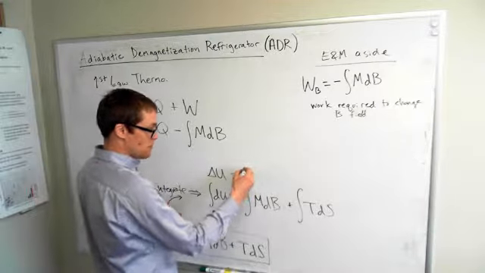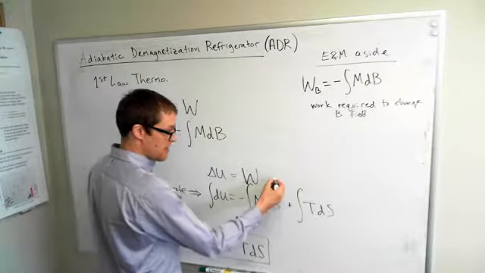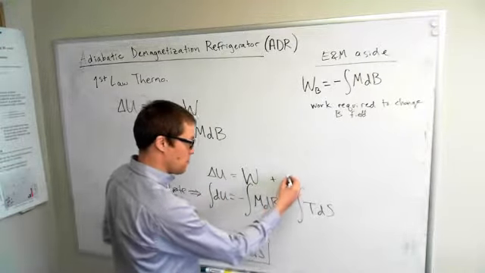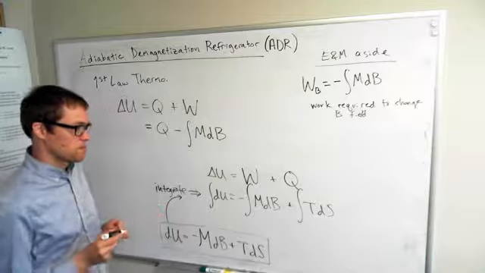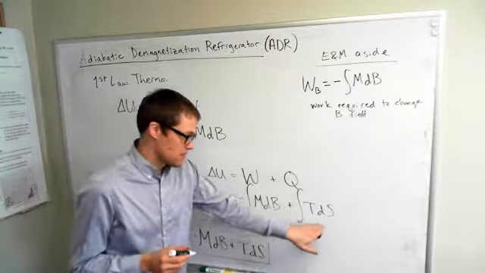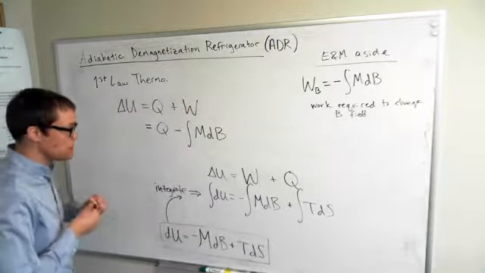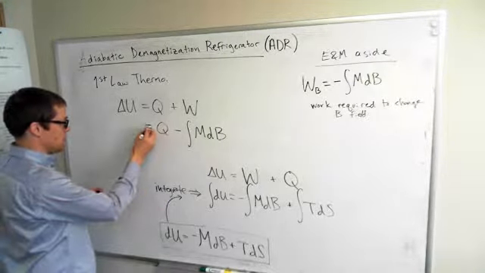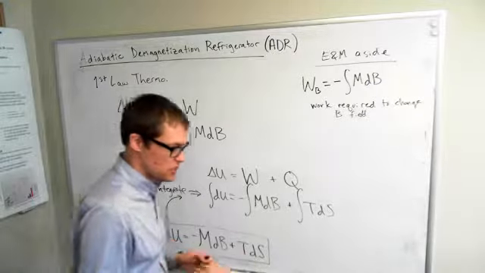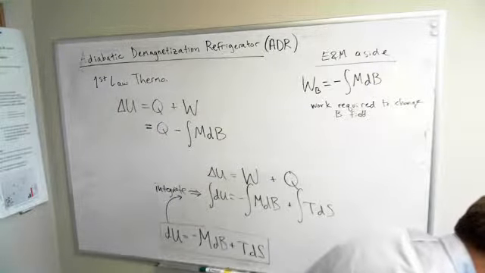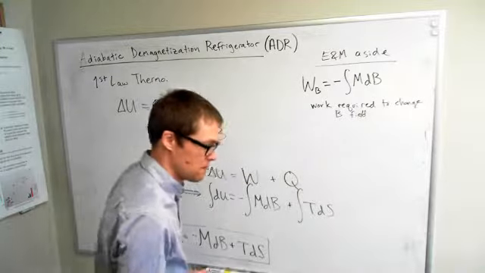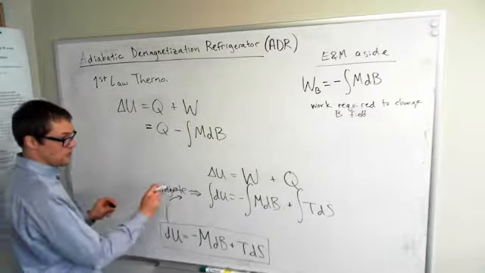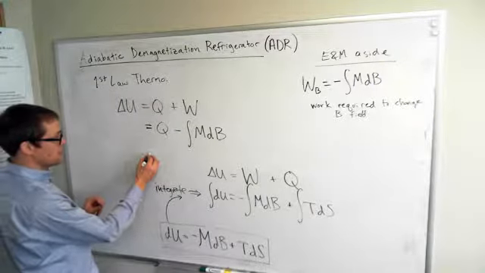This term is the work done, and that means that this term must be the heat. Right? This term must be the heat. So then we're left with this situation where this Q is equal to T dS, right?